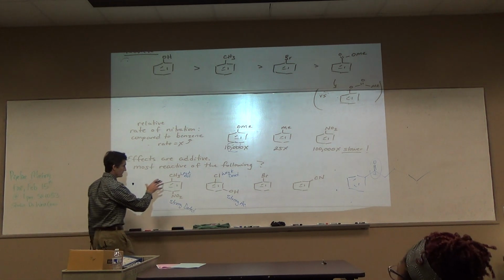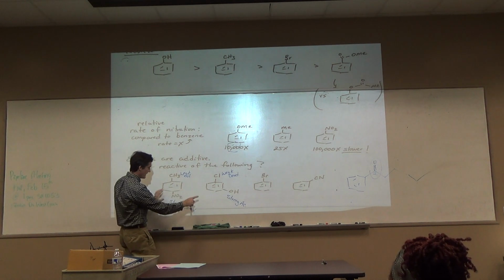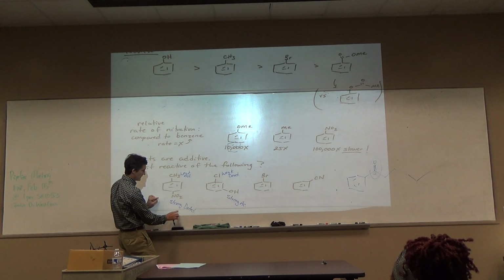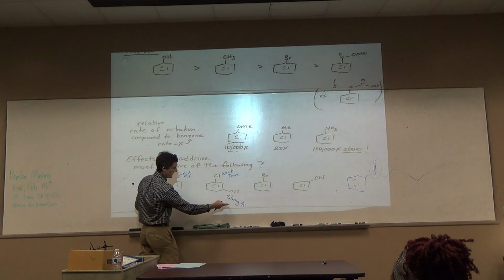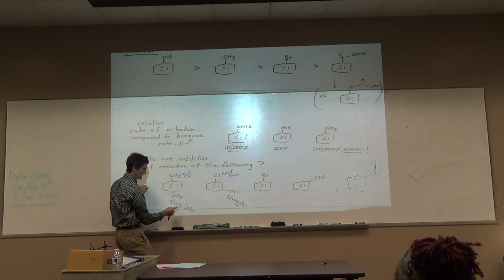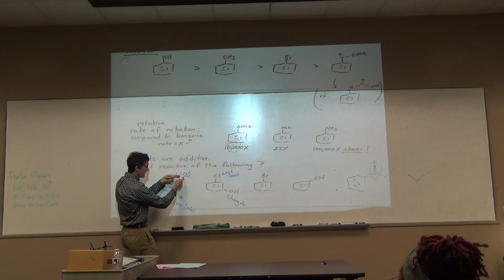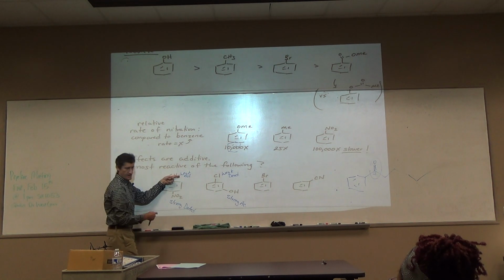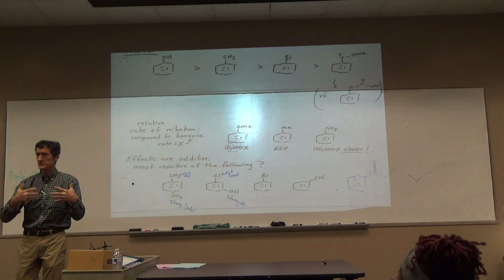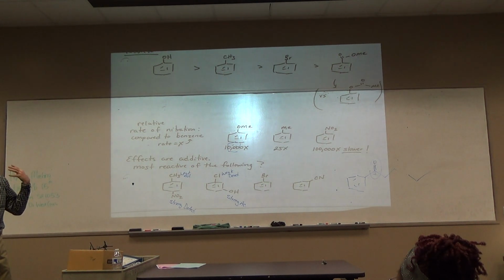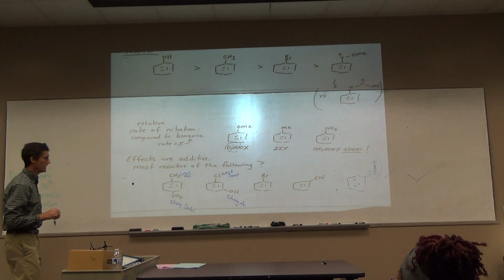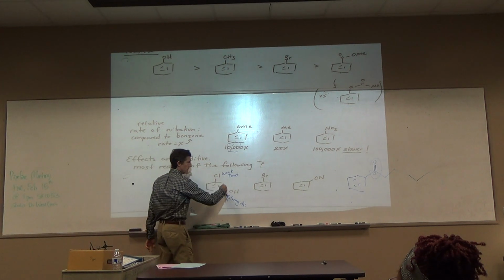Just compare these two. That's a strong activator only mitigated by a weak deactivator. This is a weak activator mitigated by a stronger deactivator. So you see how they add up. You can just add them up in your thought process. There's more activation here.